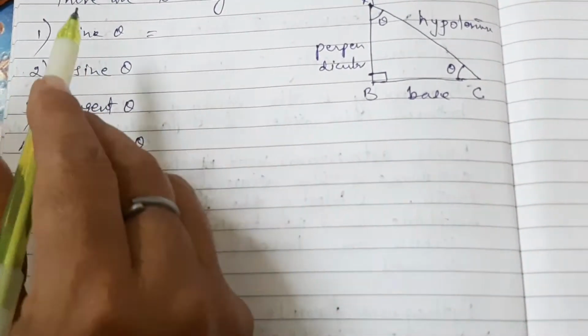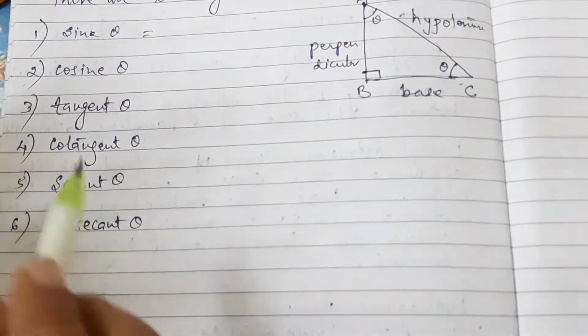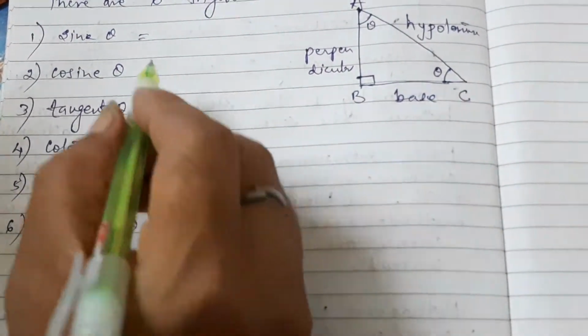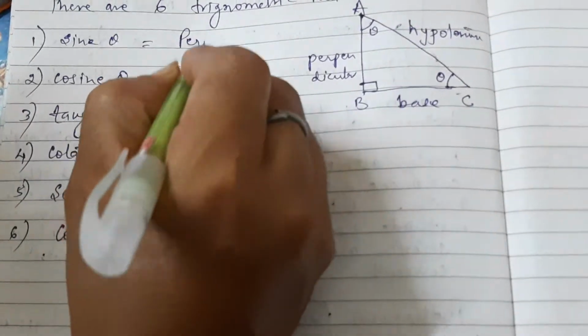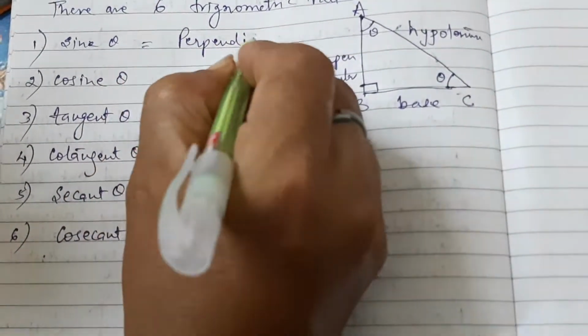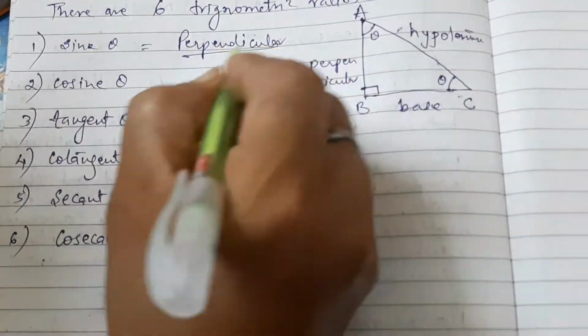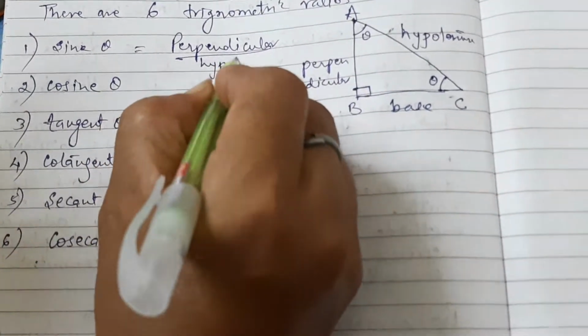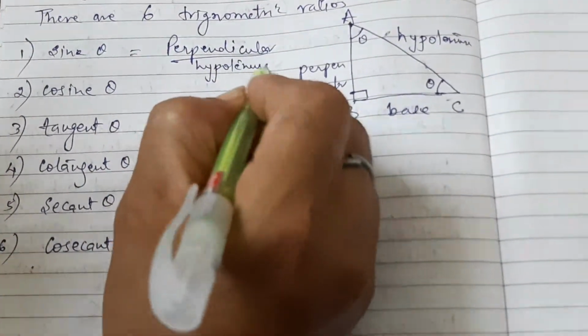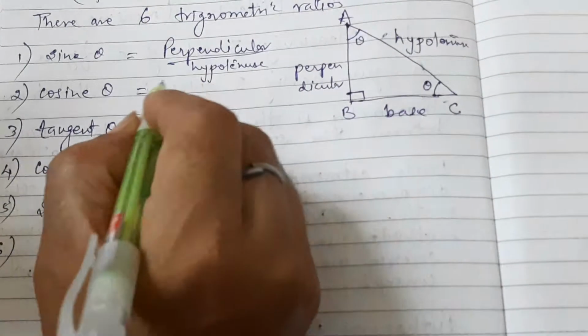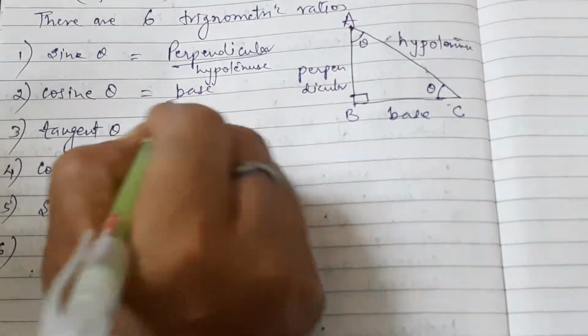All the 6 trigonometric ratios have their own formula. The formula of sin theta is perpendicular upon hypotenuse. Formula of cosine theta is base upon hypotenuse.